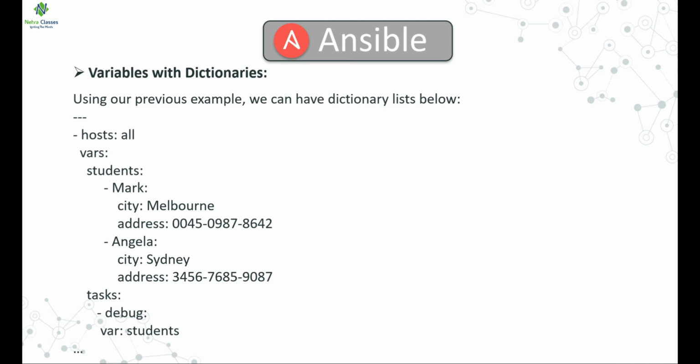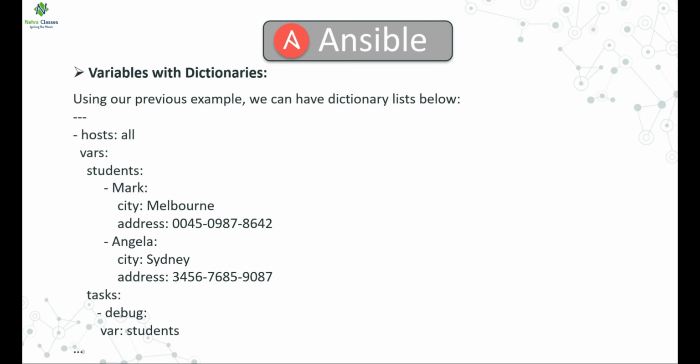After that you can mention vars for the variable, and again we are using the variable students, and this time we are mentioning the address also with the student name. And after that we have mentioned the task. There we are using the debug module and we are calling the variable which is students. So here we are using the dictionary with variables, and we can execute it on the terminal as well.